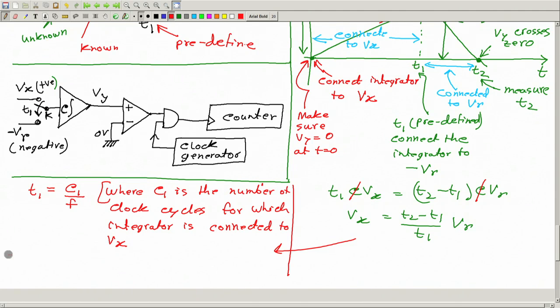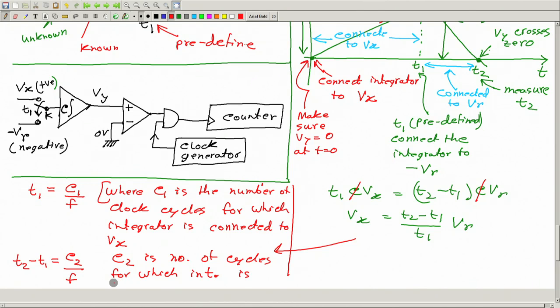Similarly, T2 minus T1 will be the same as C2 by F, where C2 is the number of cycles for which the integrator is connected to VR, the reference value. And F is the frequency of this clock generator.